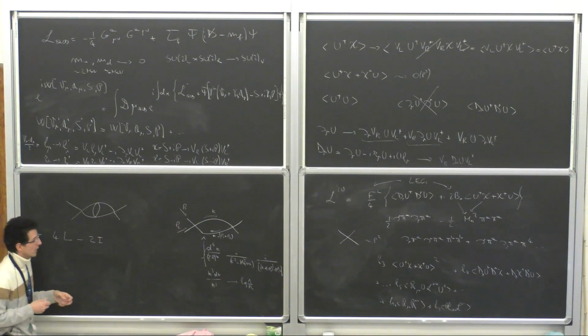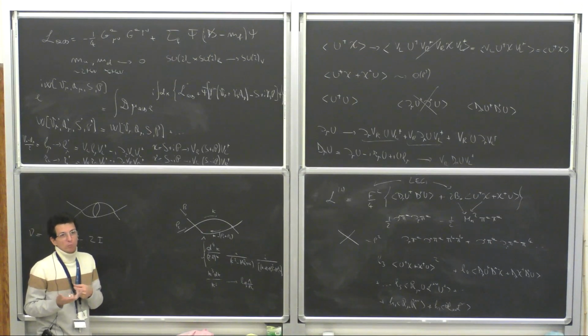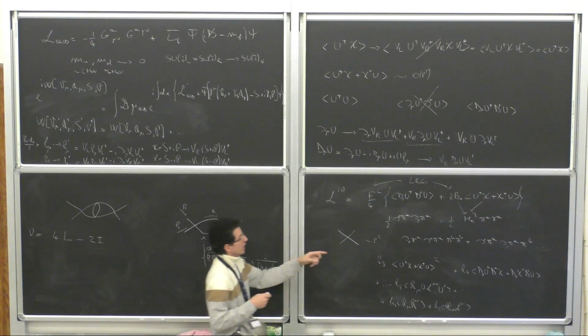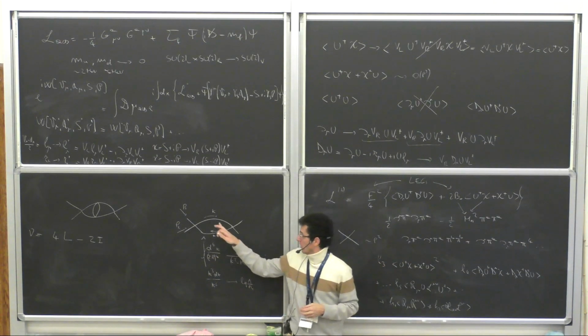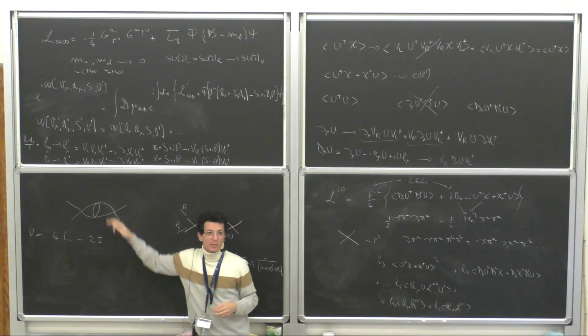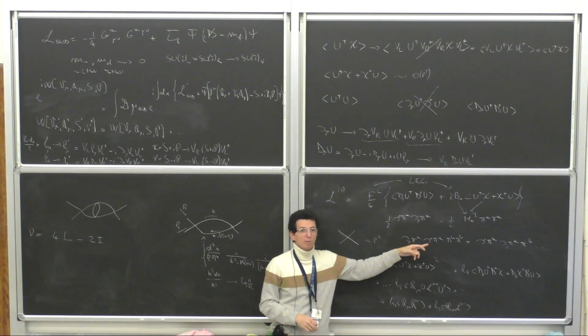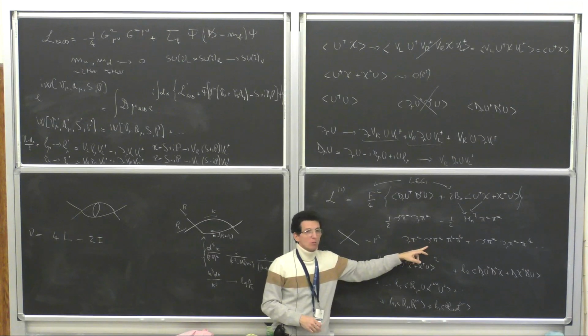And then if we want to count the number of soft momenta, you have to remember that in some of these vertices there can be derivatives. These also contribute powers of k.